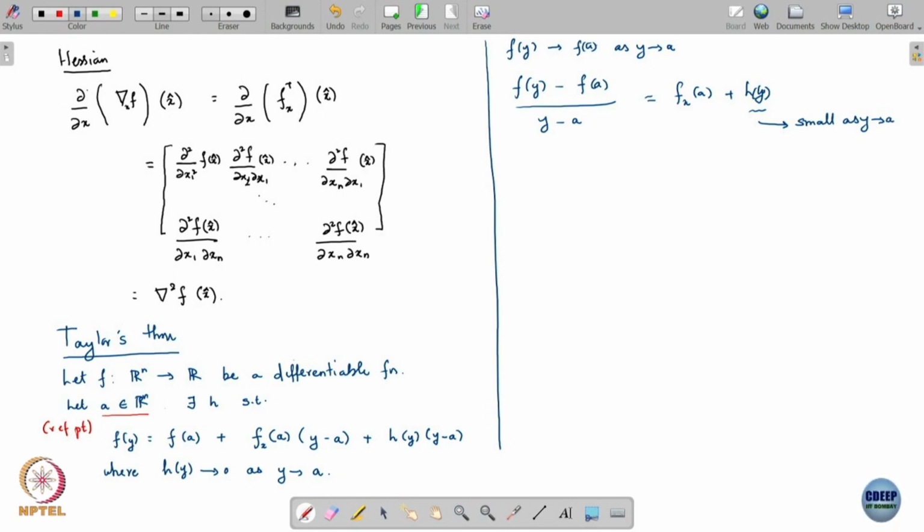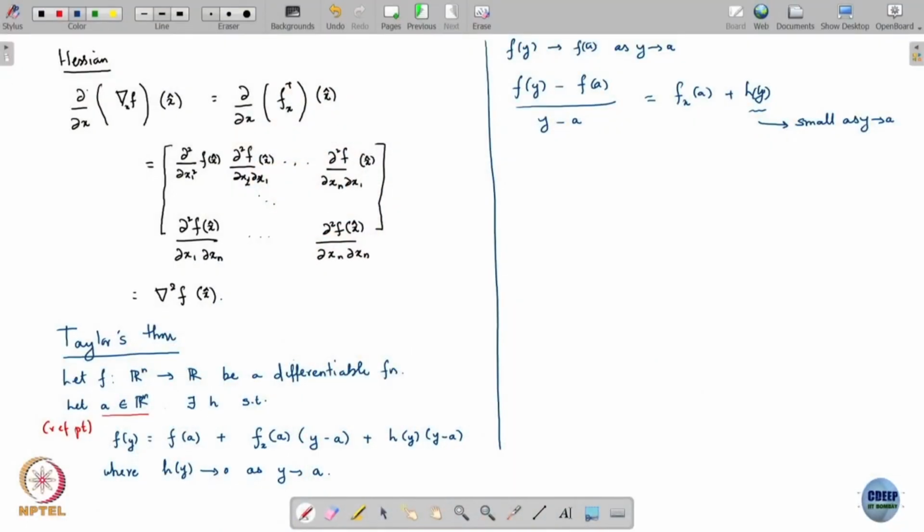Is this clear? So this is what the theorem is effectively telling you. It is not only telling you that the function values near a are close to f of a, which we already know, but it is also telling you how fast they approach f of a. They approach f of a at a rate that is linear in y minus a, and the constant of linearity there is roughly equal to f x of a plus this h of y, where h of y becomes smaller and smaller as you come close.